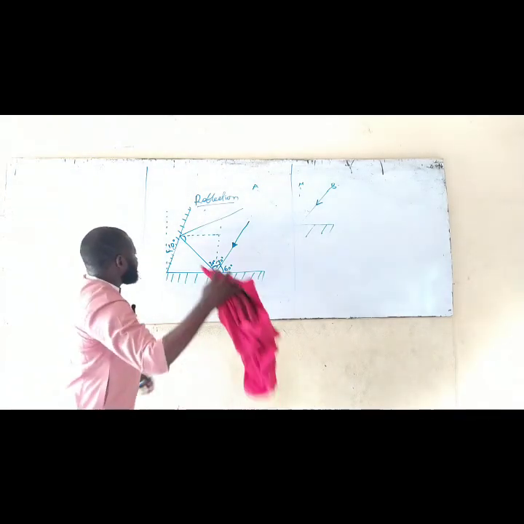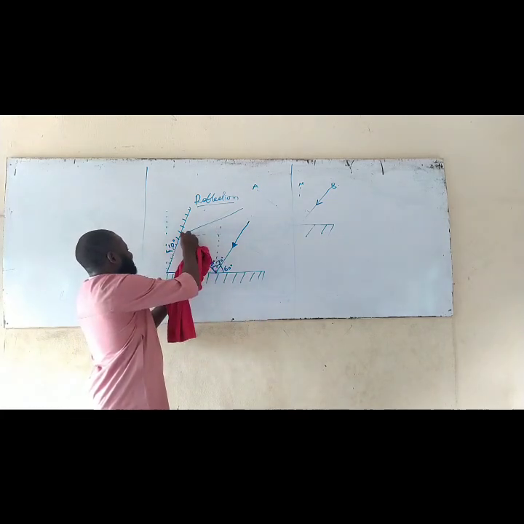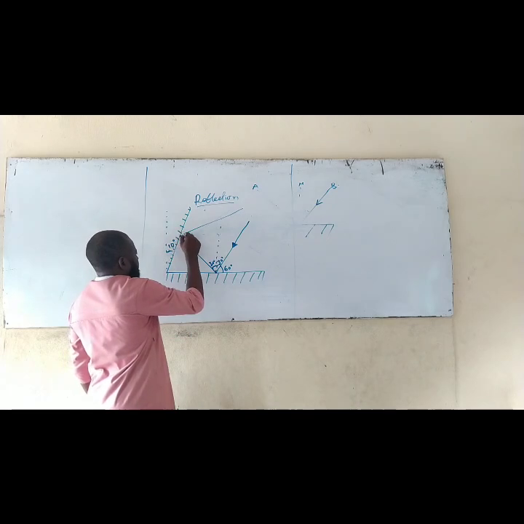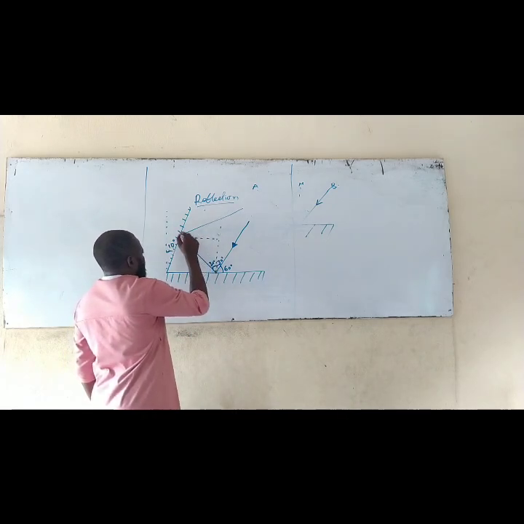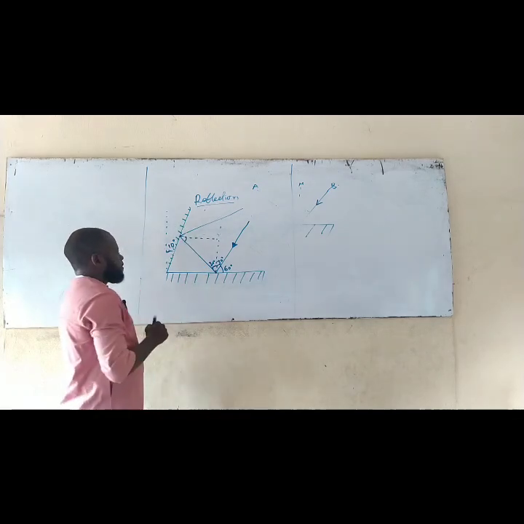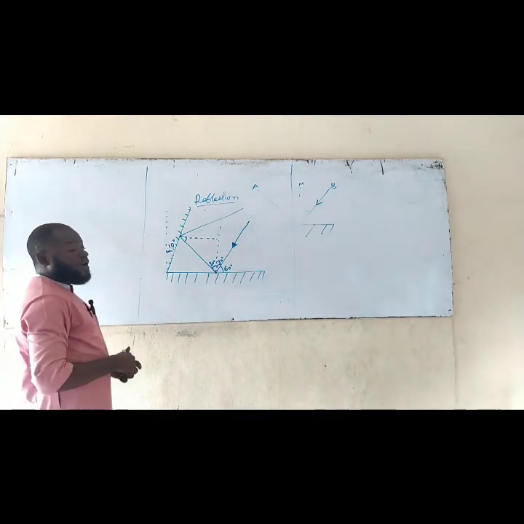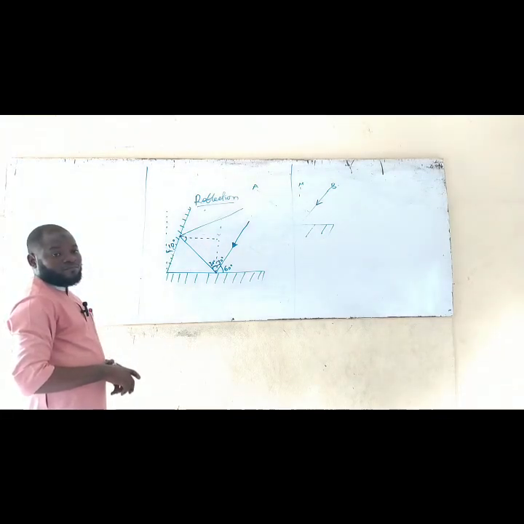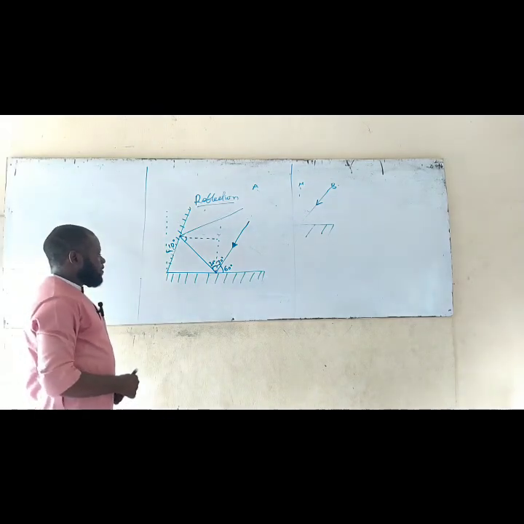Let me make it better. Okay, this is the normal, this is perpendicular to this one, right? It's 60. Okay.